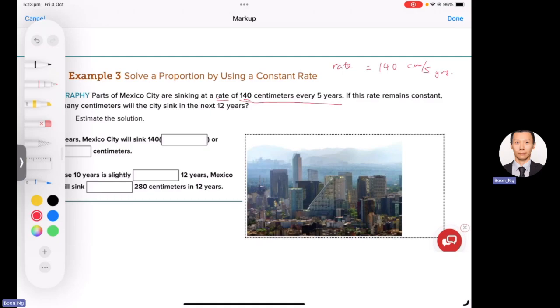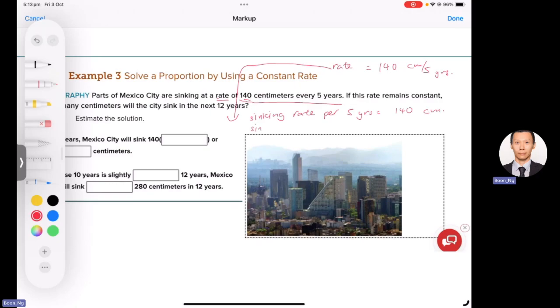Now, when we rewrite this, the sinking rate per 5 years equals 140 cm.